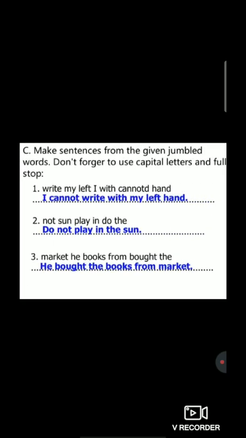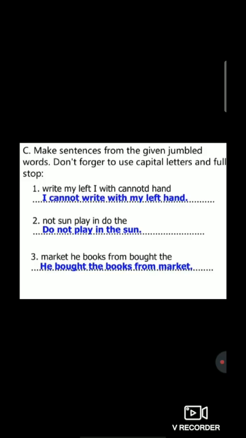Here the C1. Make sentences from the given jumbled words. Don't forget to use capital letter and full stop. So here in the beginning we have to write a capital letter, means the first alphabet should be a capital letter, and at the end of the sentence we have to put a full stop.